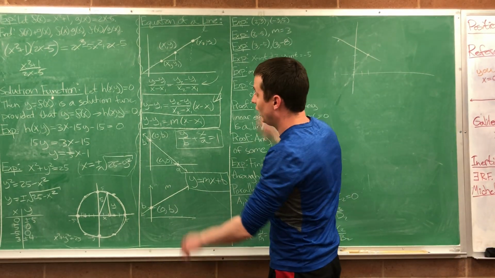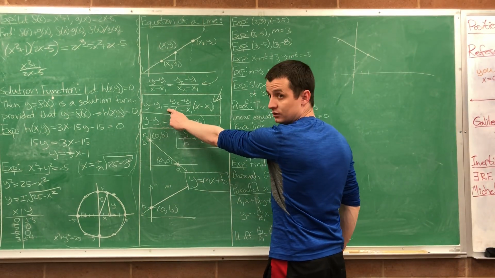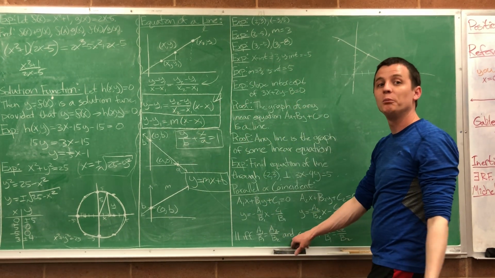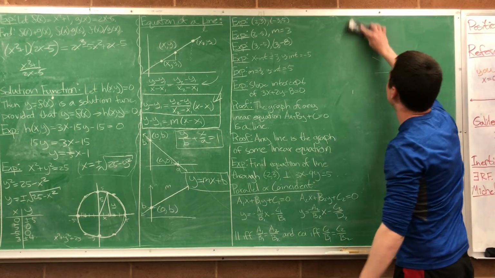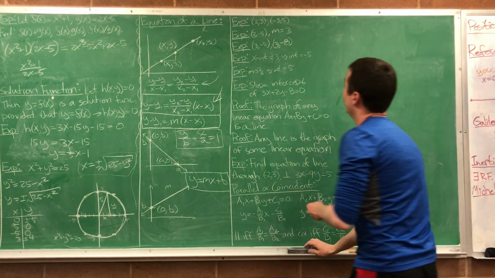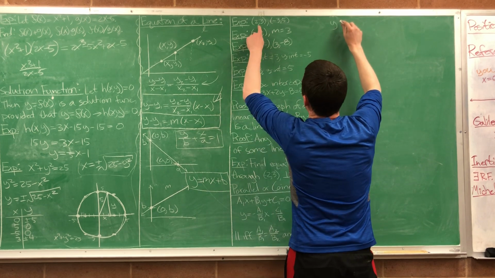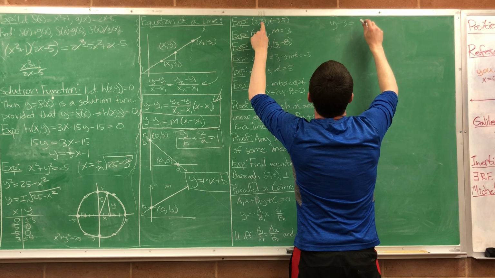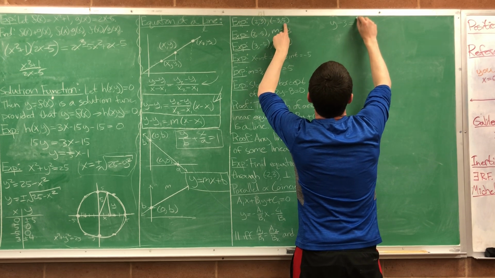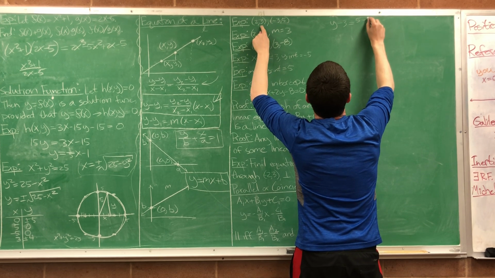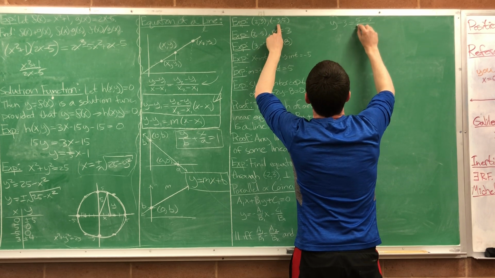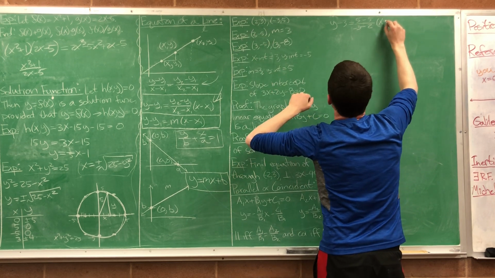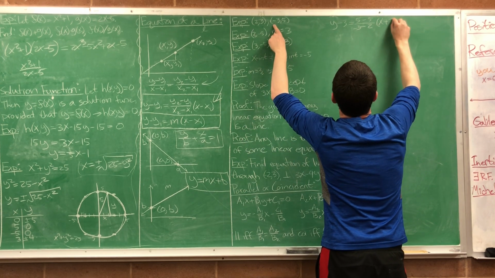Okay, so we're trying to find the equation of the line. We have 2 points. Obviously, we want to use this equation, right? We have 2 points, so we're going to use the two-point formula. So we have y minus y1 is equal to (y2 minus y1) over (x2 minus x1) times (x minus x1).